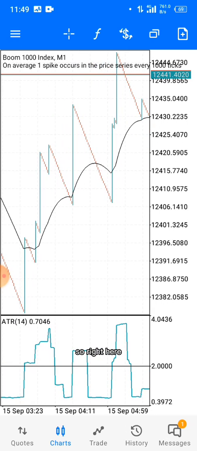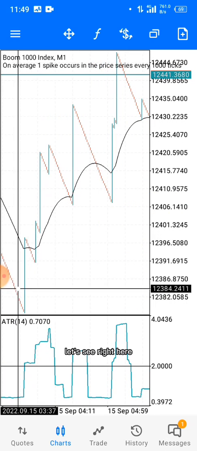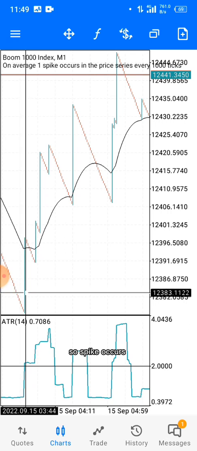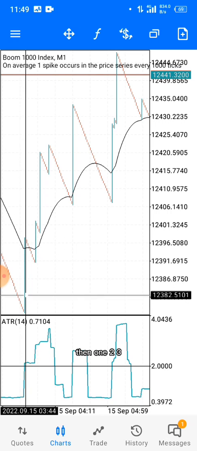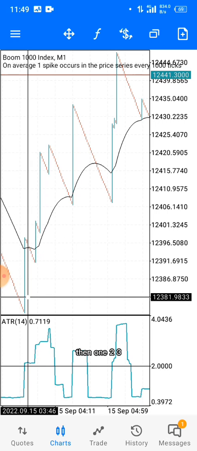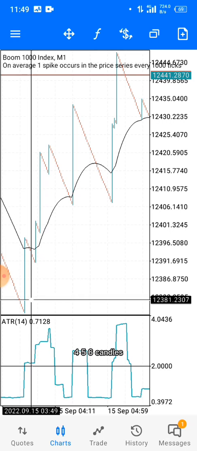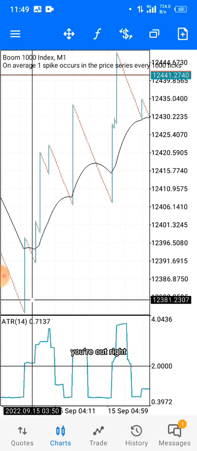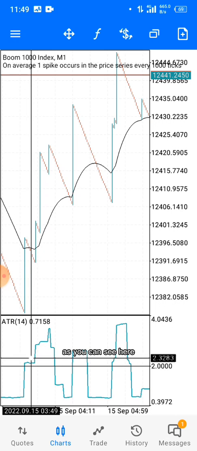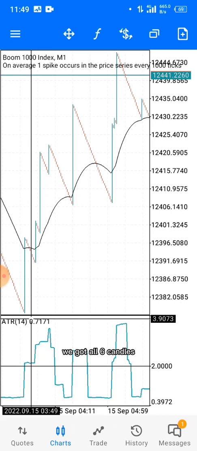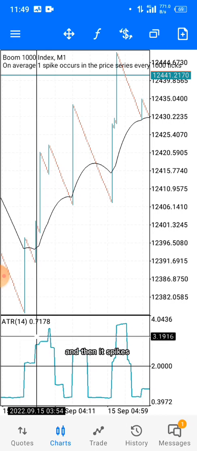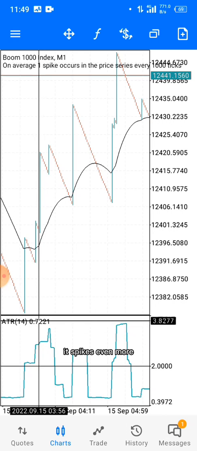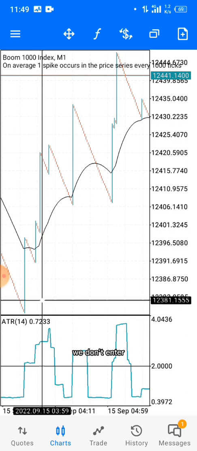So right here, let's see. Spike occurs here, then 1, 2, 3, 4, 5, 6 candles, you're out, right? Then for the other row, that's what I wanted to say, right? As you can see here, we got our 6 candles, and then it spikes even more, but right here we don't enter.